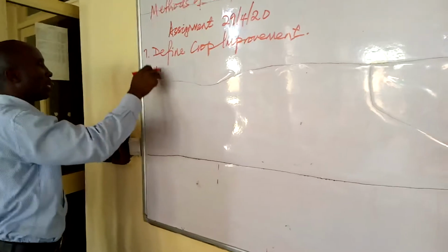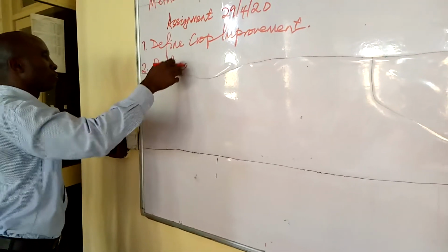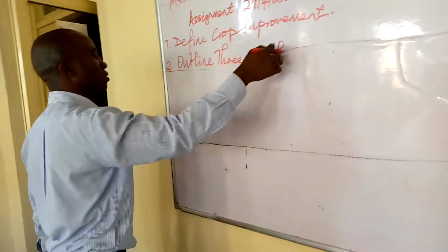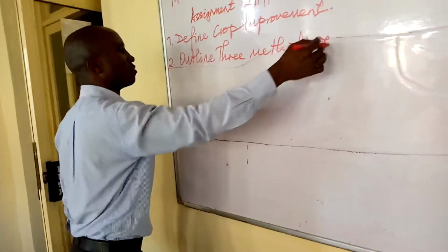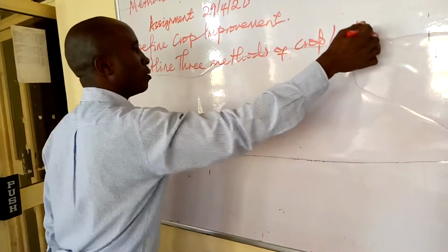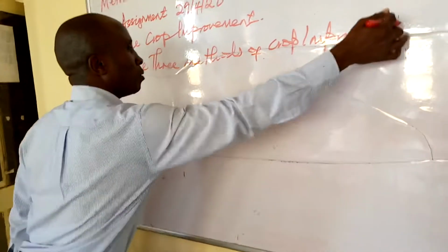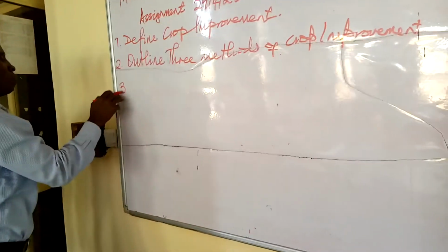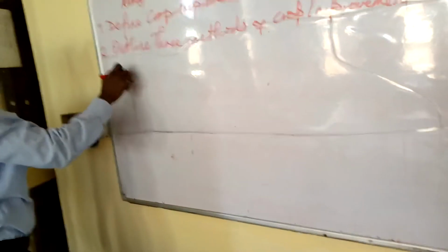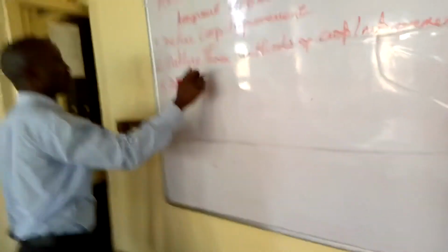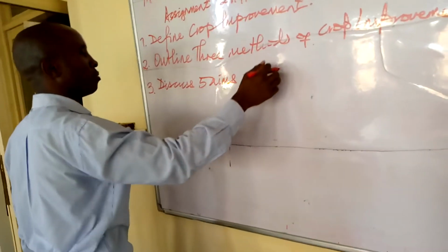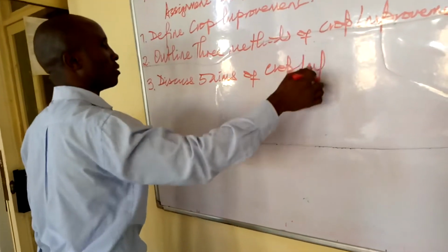Number 2, outline three methods of crop improvement. Number 3, discuss 5 aims of crop improvement.